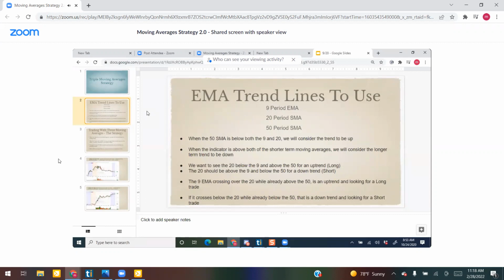All right, so let's look at this slide. The moving averages we use are the 9 EMA, the 20 SMA, and the 50 SMA. When the 50 SMA is below both the 9 and the 20, we consider the trend to be up.